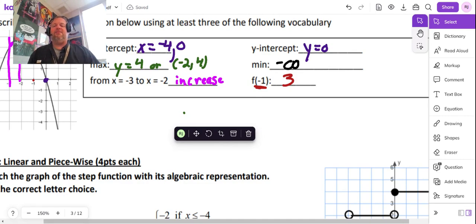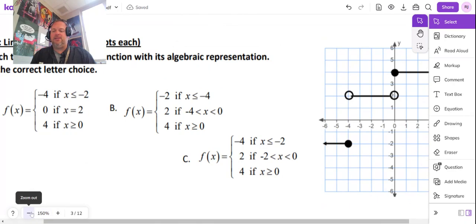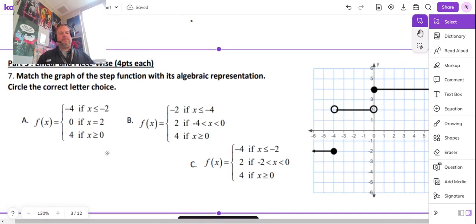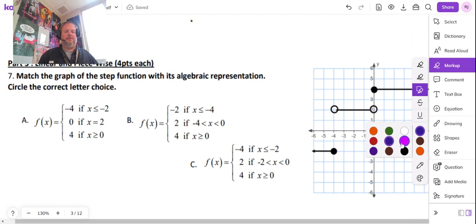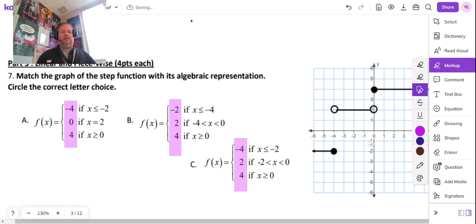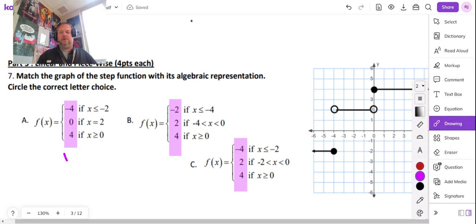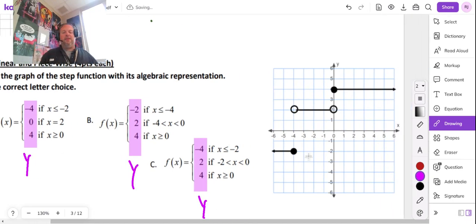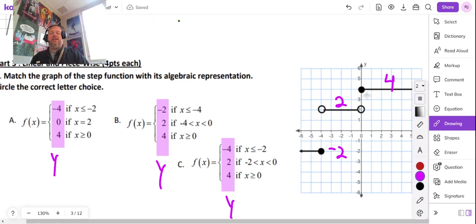All right, 7. Find the matching y values. All right, so when I say matching y values, those columns are y values. Okay, those are y values. All right, we go to the graph. This y value is negative 2. This y value is 2. This one is 4. Which one of these has a negative 2, 2, and a 4 in it?